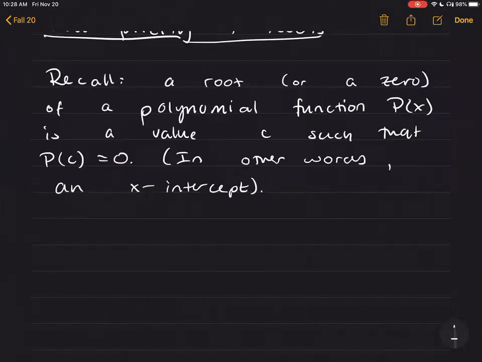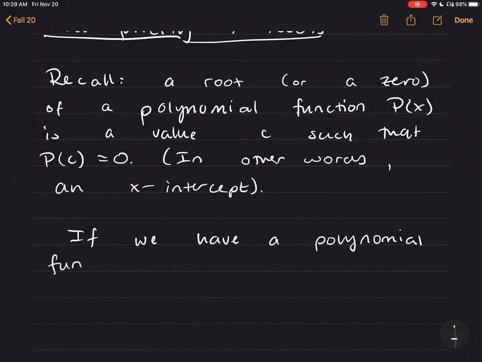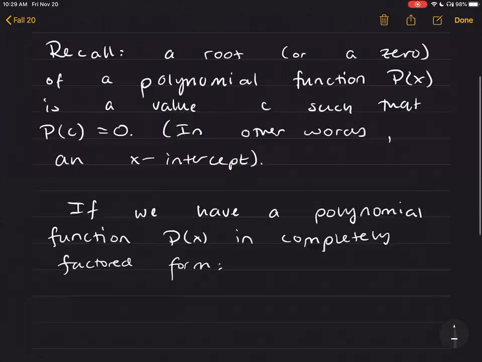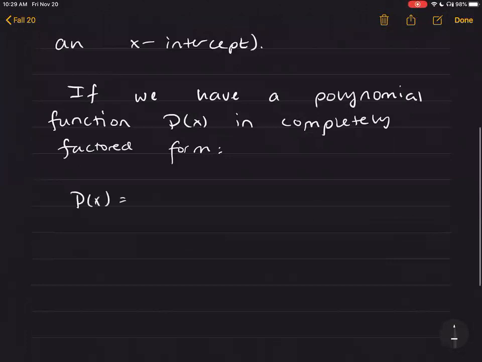So now, if we have a polynomial, and let's say we've completely factored it. So let's say we have a polynomial function p of x in completely factored form. What that would look like is we've got p of x, and then a bunch of linear terms.